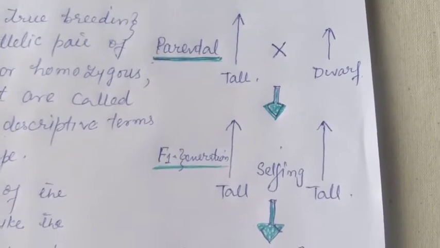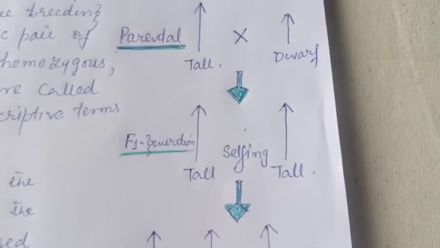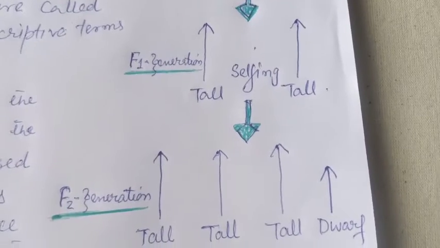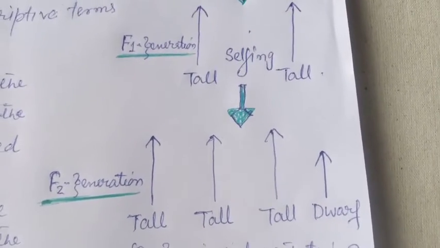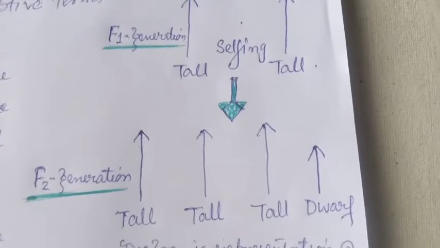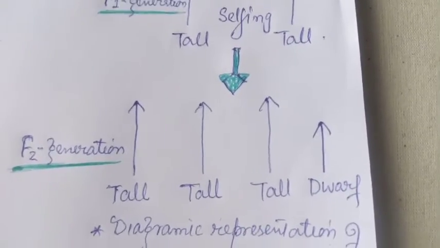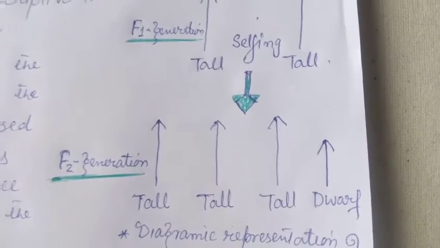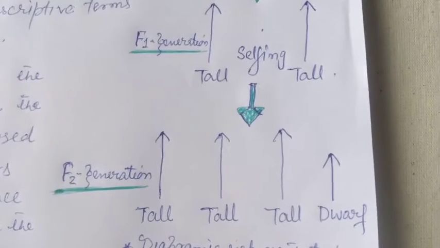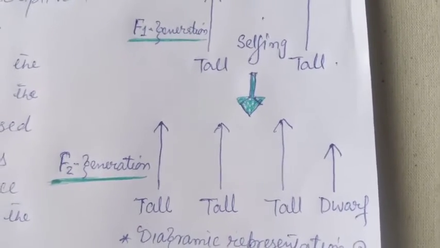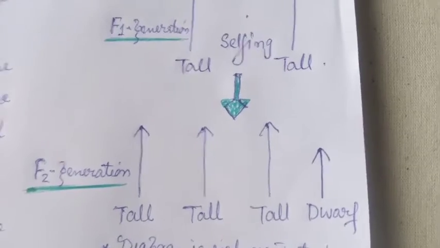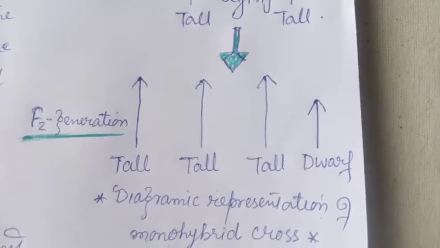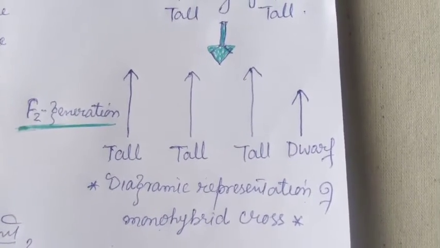All the plants are tall in the F1 generation, and on selfing of these F1 plants, the next F2 generation that is produced surprisingly shows progeny in the ratio of 3:1. That means 3 out of 4 are tall and 1 is dwarf. This is the ratio, though Mendel's experiments were carried out on huge populations and his sampling sizes were quite large.